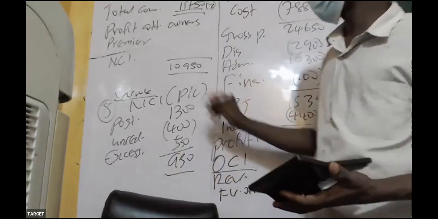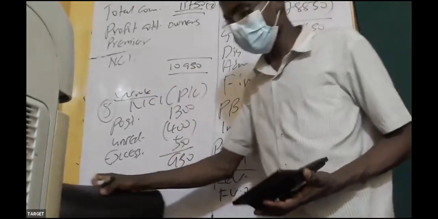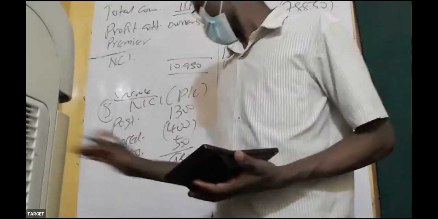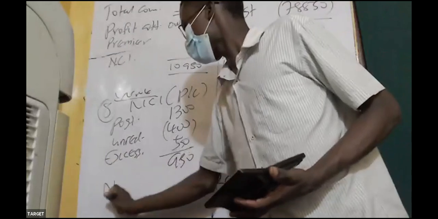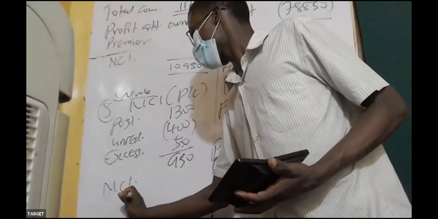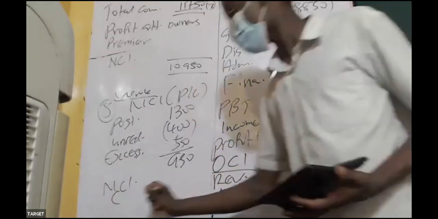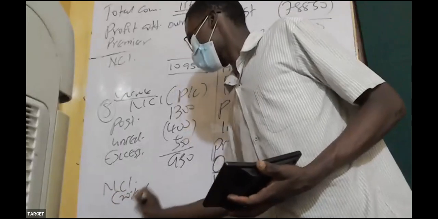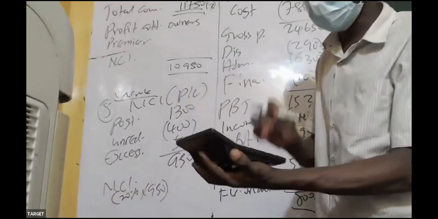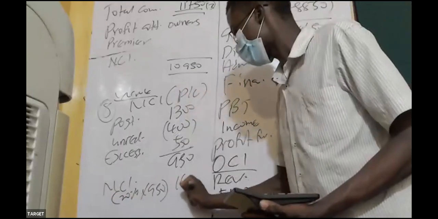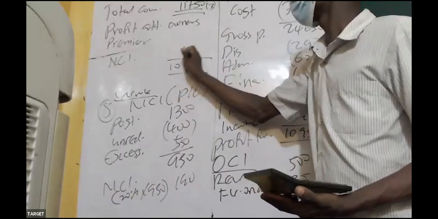So NCI share will be in brackets, and normally we just write it here like this. NCI share will be 20%. So find 20% of this figure. 20% times 950. Then you put it there. So times 2, that's 190. So come and put the 190 here.